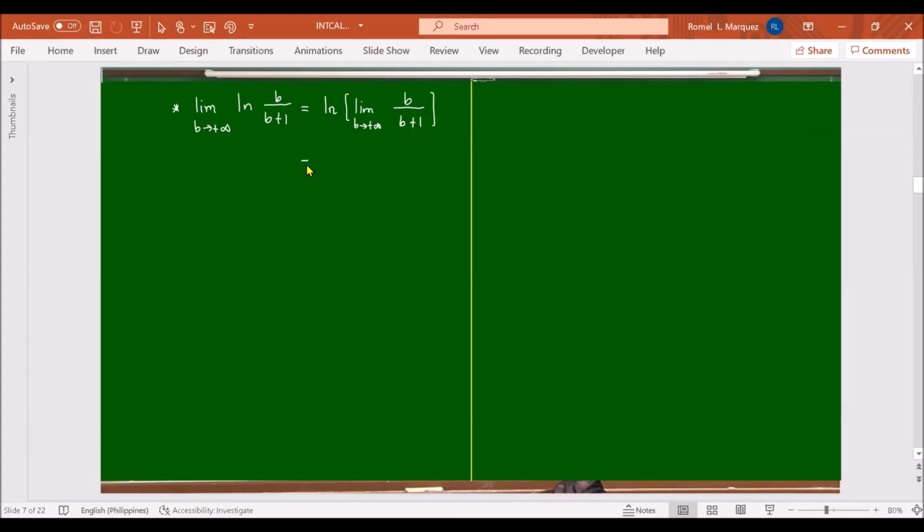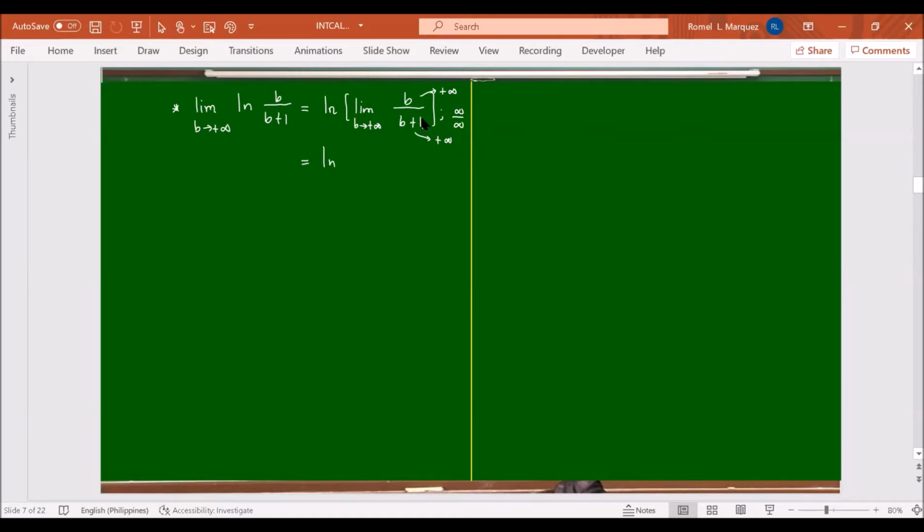Here, the numerator is approaching positive infinity, and the denominator approaches positive infinity also. Hence, we have the infinity over infinity form.